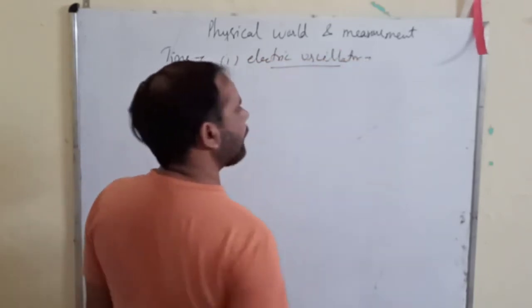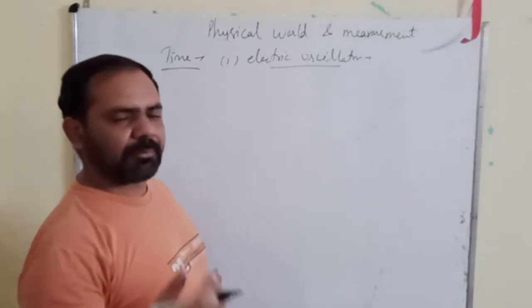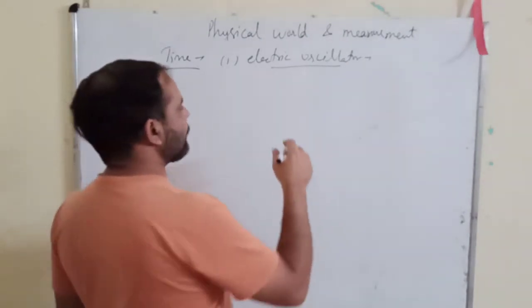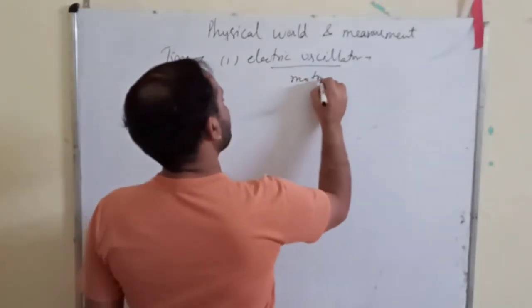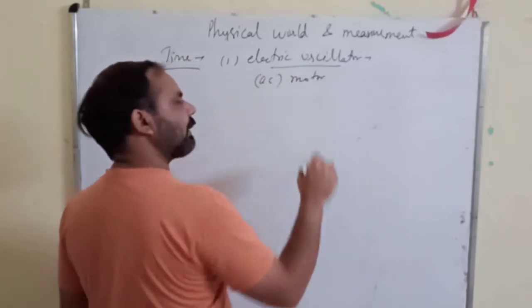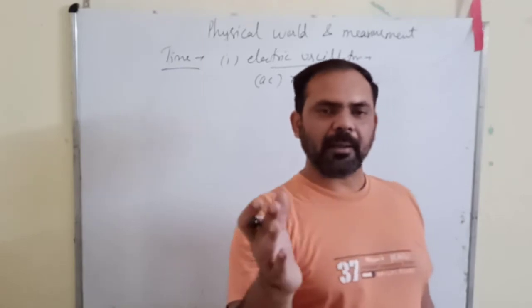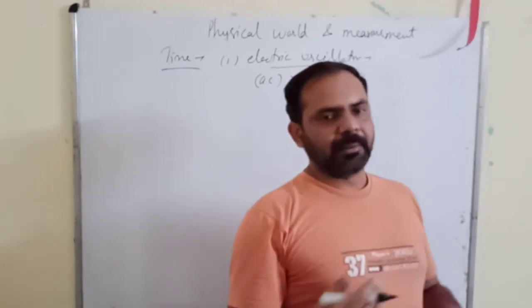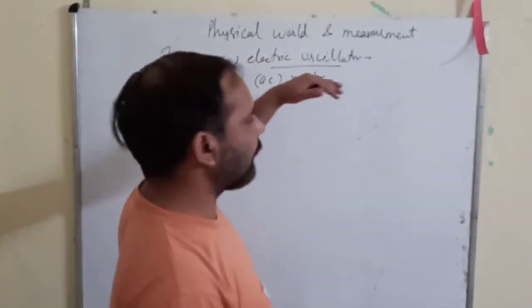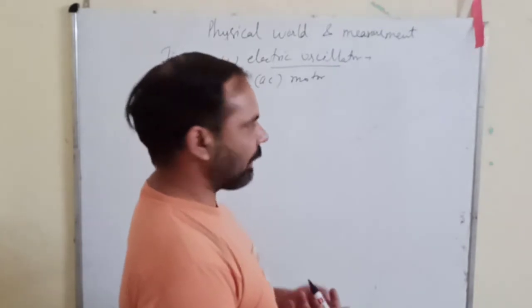Now the electric oscillator: there is a motor that works on alternating current, an AC motor, and it will again and again repeat its motion, and with the help of that activity you can measure the time.